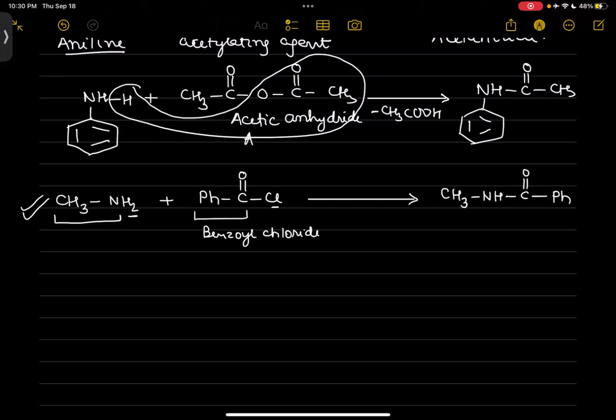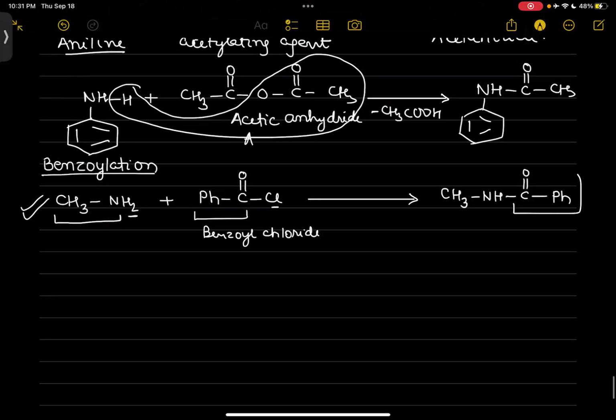That was acetyl chloride, so the process was acetylation. This is benzoyl chloride, so the name of the process is benzoylation. Is this clear to everyone?